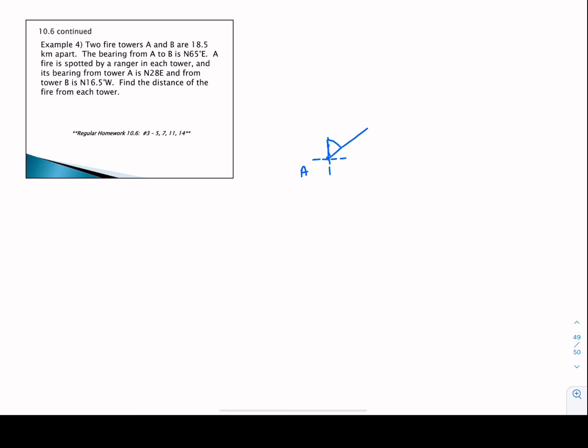That's the direction that's going to get me to point B, or Tower B. So we want to make sure we include that 65 degrees as the angle that we've swung here on the outside of that line. And we want to mark Tower B very clearly. So we know that that line is measuring 18.5 kilometers, and we can label that in just a moment.